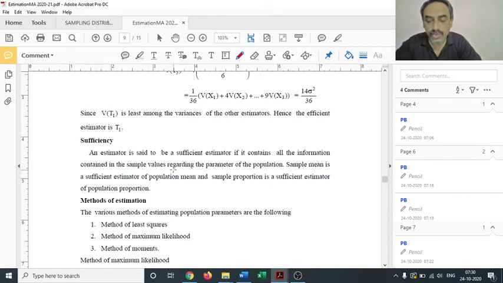The real holders of information about the parameter are x1, x2, etc., xn, but they are separated by commas and cannot propose any value for the parameter. So we transform the information using a function of x1, x2, etc., xn, like the sample mean or the sample median. This is a function introduced to estimate the parameter theta.